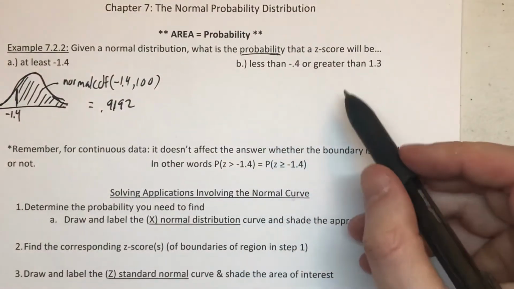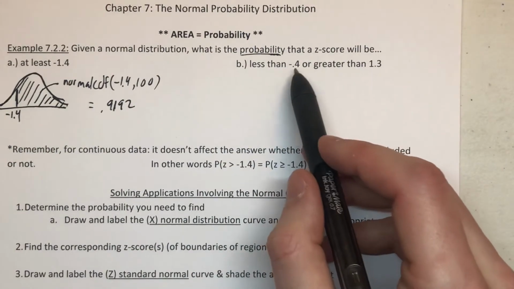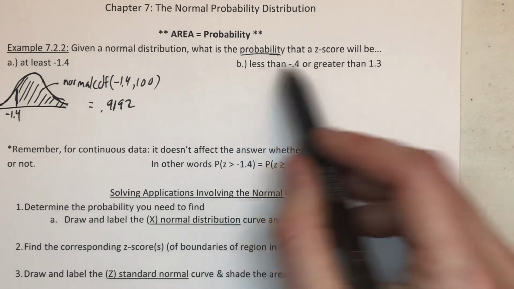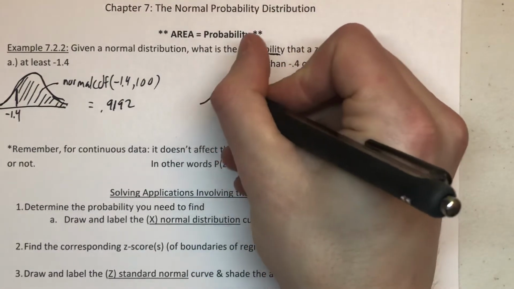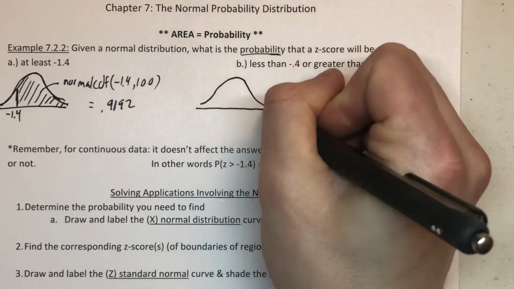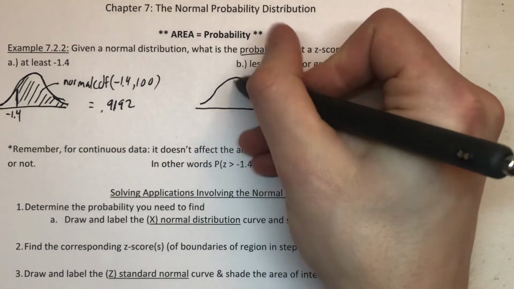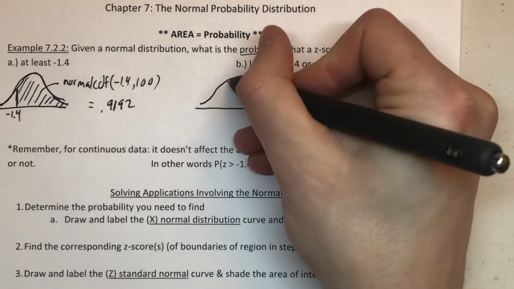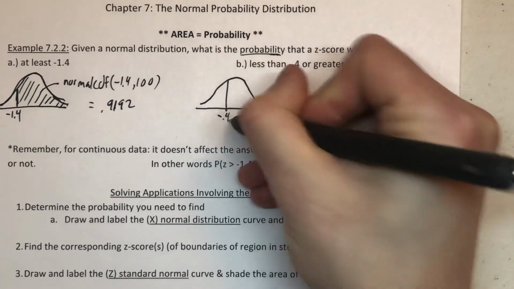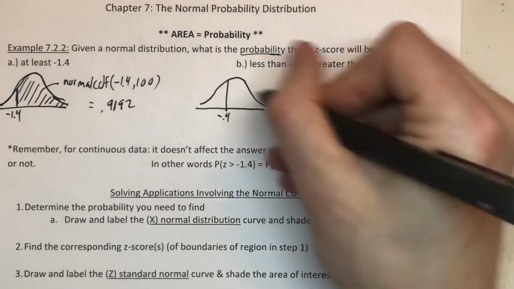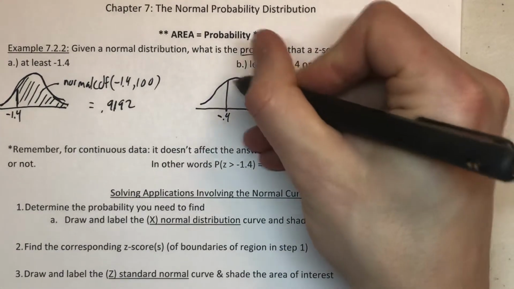Okay, and the other one, the probability that a z-score is less than negative 0.4 or greater than 1.3. For this one, again, let's draw a quick picture to help us see what's happening. Less than negative 0.4. Remember, 0 is always your center, so negative 0.4 is not too far to its left. Then 1.3, a little bit further, but to the right of 0.